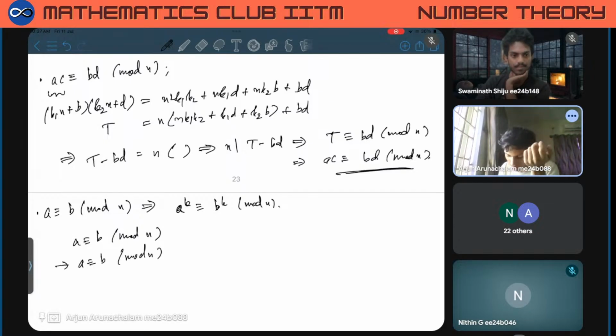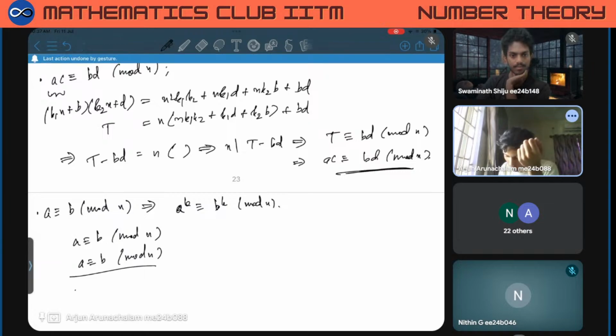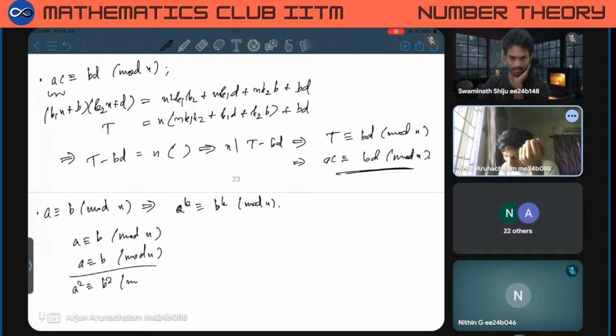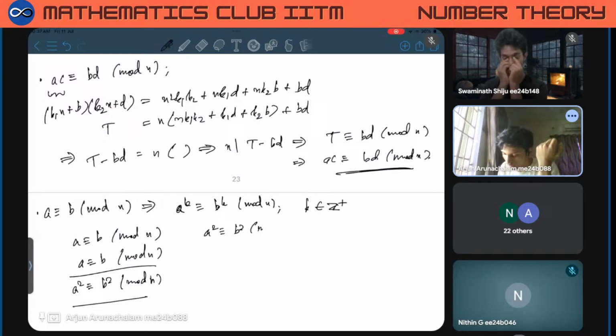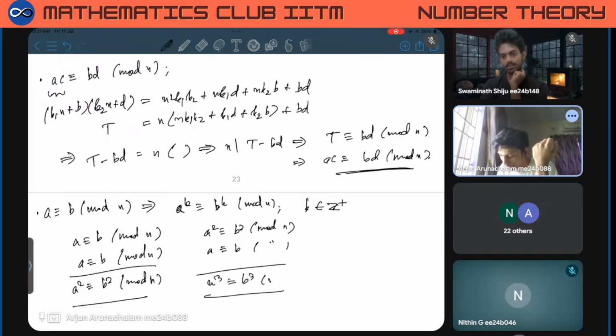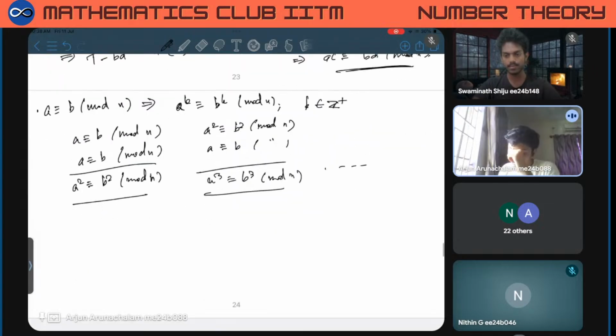So assume this is C and D, right? So you have A squared congruent to B squared mod n. Yeah, again, k is a positive integer, right? And you can keep on doing the same thing. You have A congruent to B, same thing, so A cubed is congruent to B cubed, right? And you can keep on doing the same thing. So that's why if A is congruent to B mod n, then any A to the power k is congruent to B to the power k mod n. So yeah.